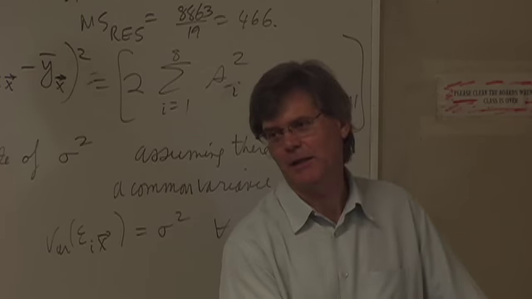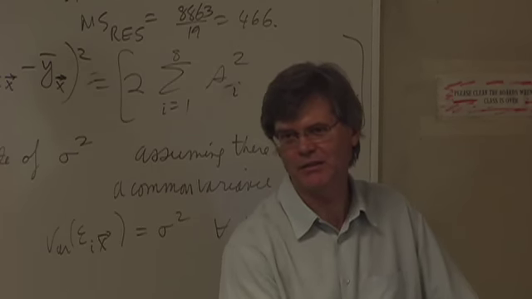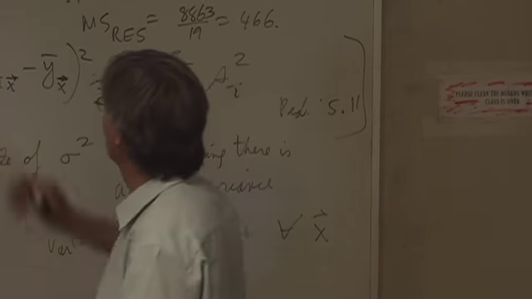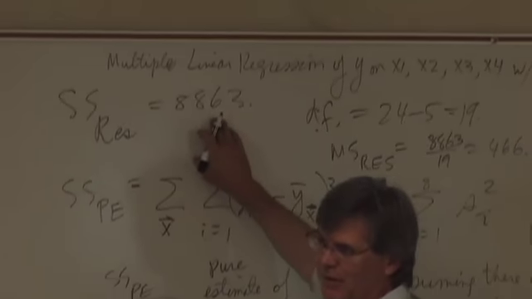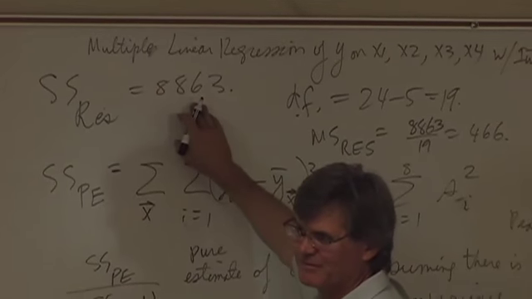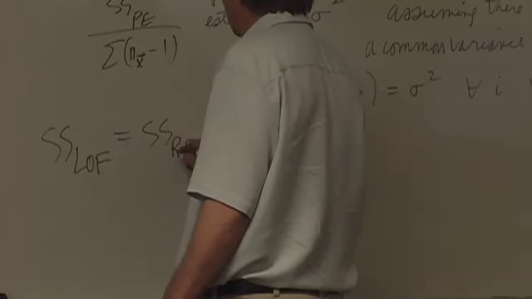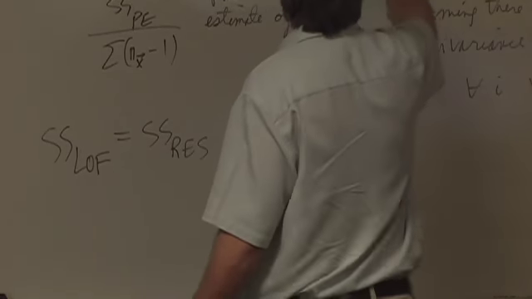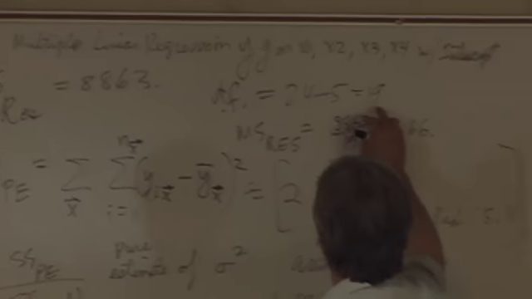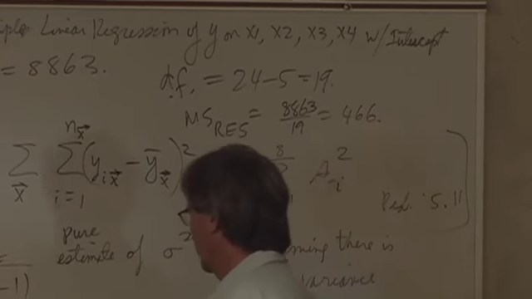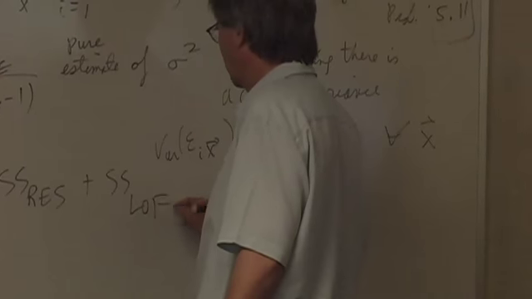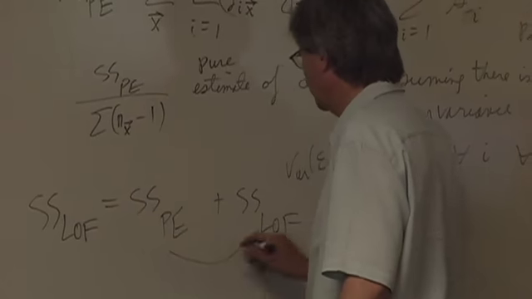So that's SSPE, 14.56. What I have is that's just a little tiny piece of SS-res, right? So therefore, SSLOF is equal to SS-res minus SSPE. SS-res is the big sum of squares, with 19 degrees of freedom. It equals SSPE plus SSLOF, and these are statistically independent.